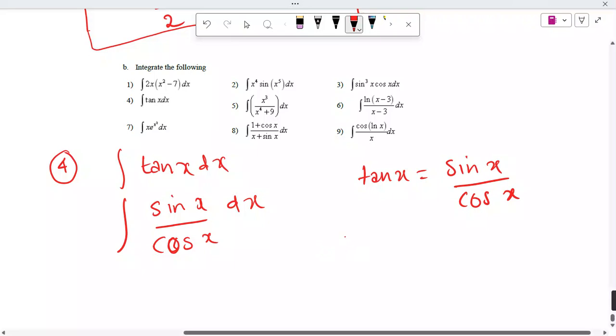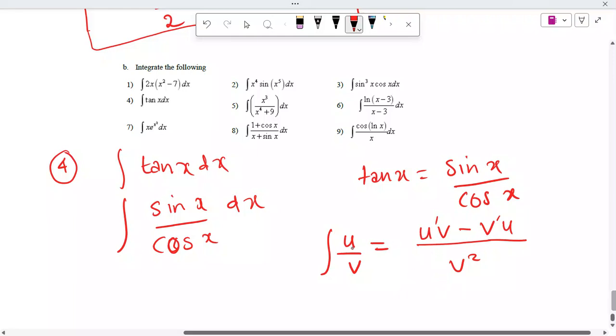If you're dividing, for example, u over v, if you are integrating this, your answer is the same as everything divided by v squared, then you have u prime v minus v prime u. Okay, so this is your formula.